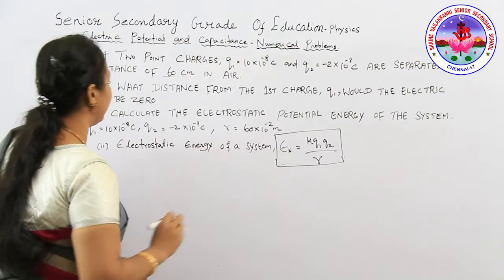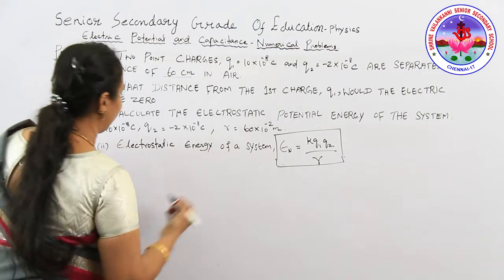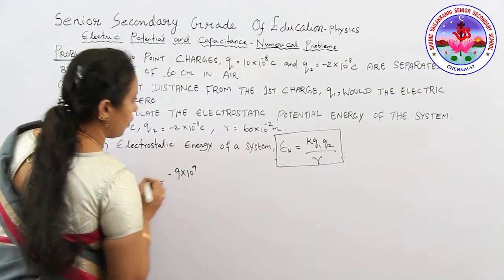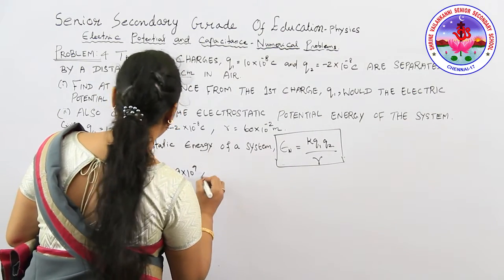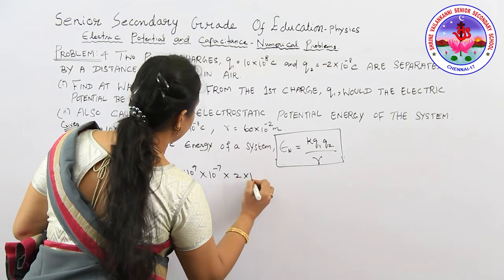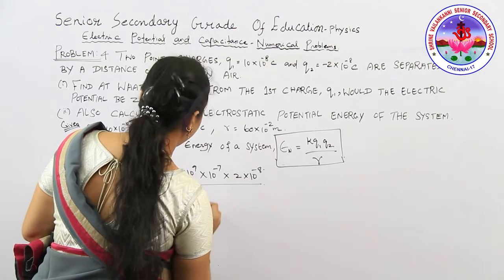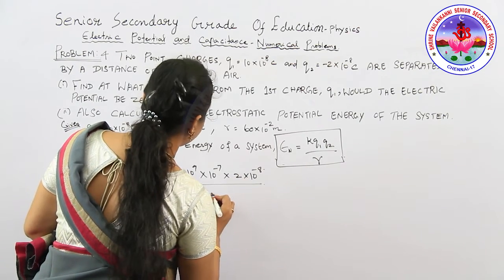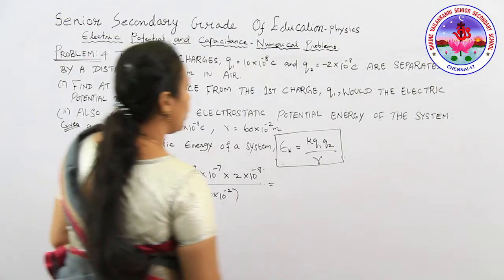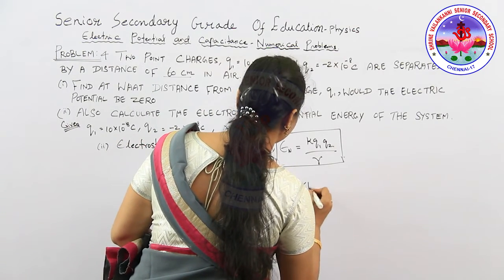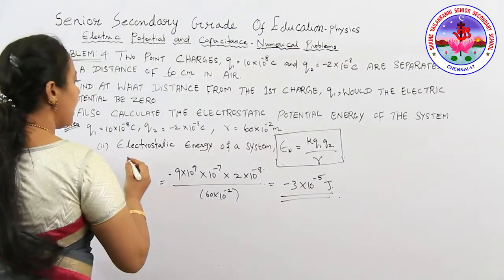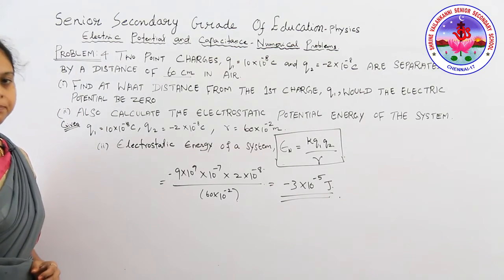So by applying the values of Q1, Q2 and R directly, we get 9 into 10 power 9 into the Q1 value into 10 power minus 7 into 2 into 10 power minus 8, whole divided by R, which is 60 into 10 power minus 2. By simplifying this, you will get the value of minus 3 into 10 power minus 5 joule. Got it? So this is the electrostatic energy of the system.